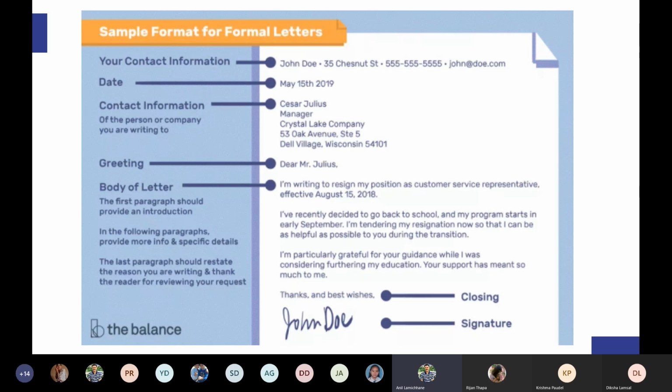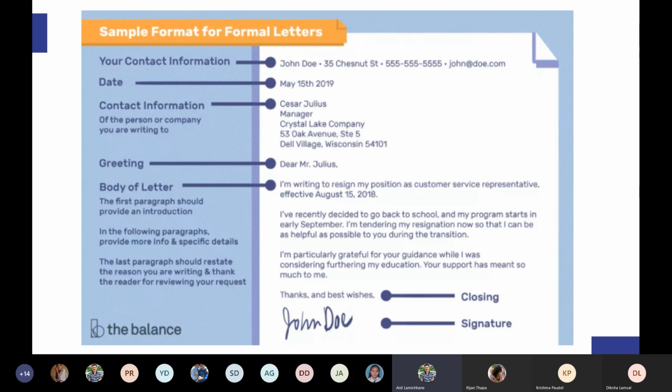That's why here also dear and name, and the body of the letter, the different paragraphs you see, and then the closing and signature this way. So the formal letter format is a bit different.